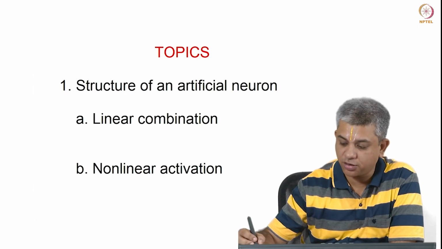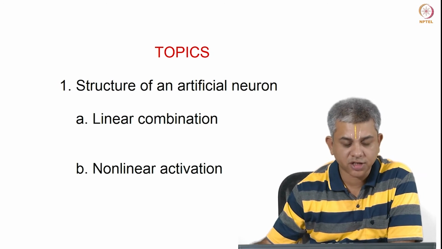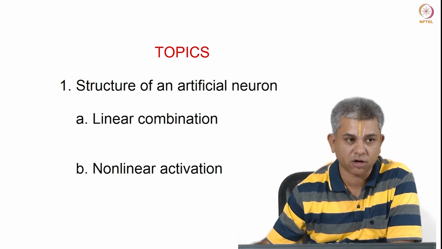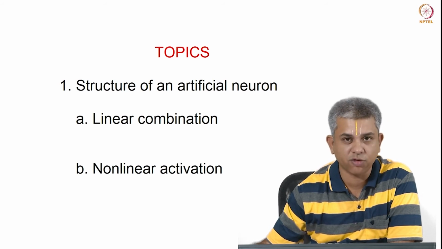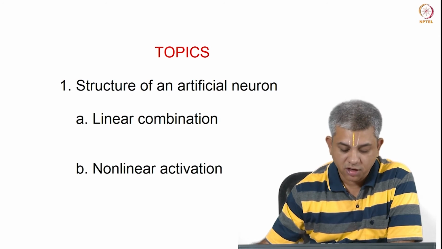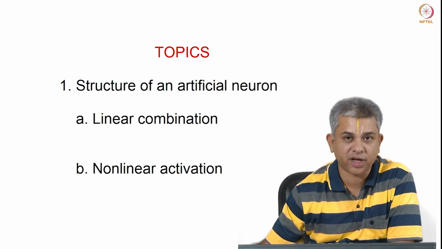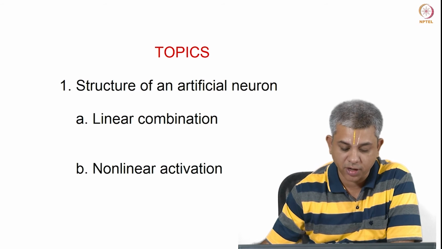In this video, we will be looking at the structure of an artificial neuron. So, the artificial neuron is a simple abstraction of a biological neuron. It is supposed to abstract out all the details that actually exist in the biological neuron and just give you whatever is usable. Please do remember that this is a simplification and this is not how our brain neurons actually work.